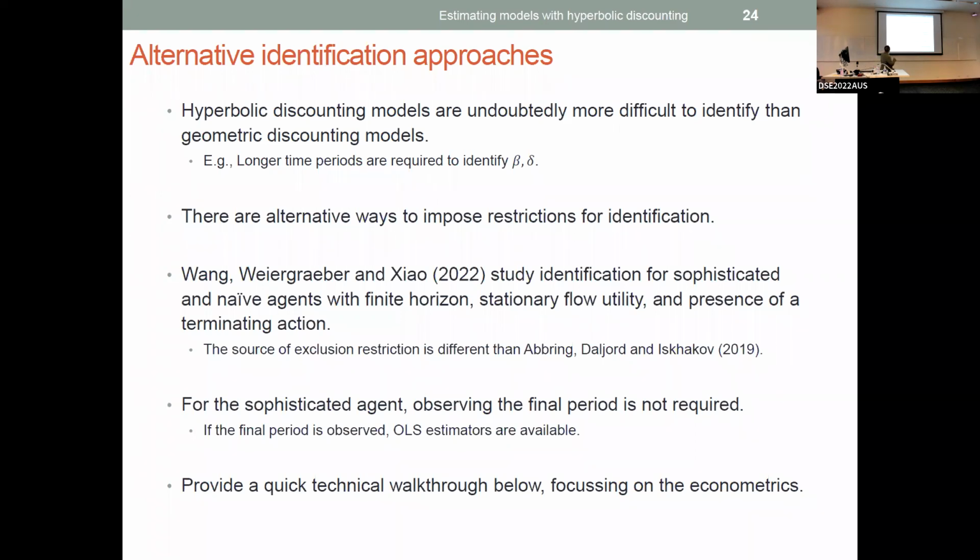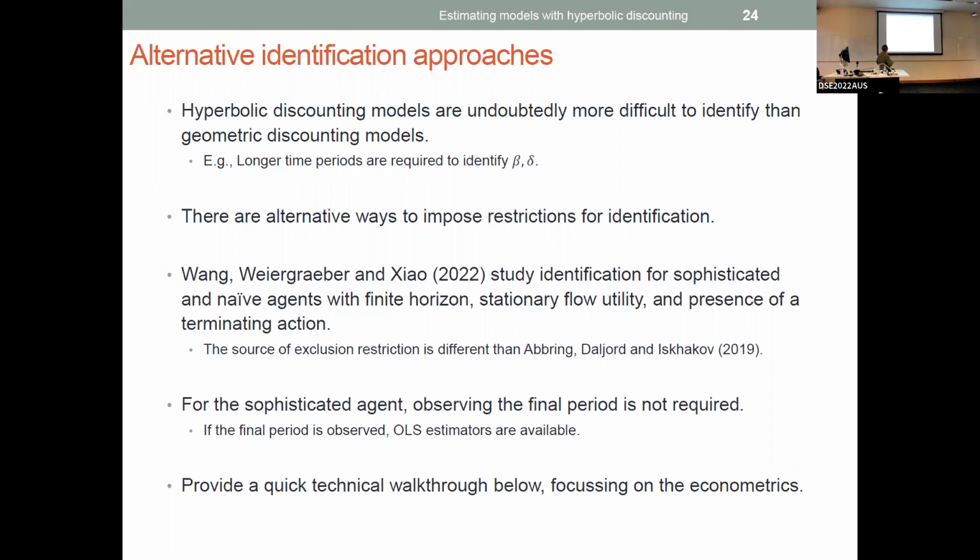Hyperbolic discounting models are undoubtedly more difficult to identify than geometric discounting models, and we need longer time periods. Of course, with only 2 time periods, you would just be able to identify one parameter, and we need longer periods to do it.